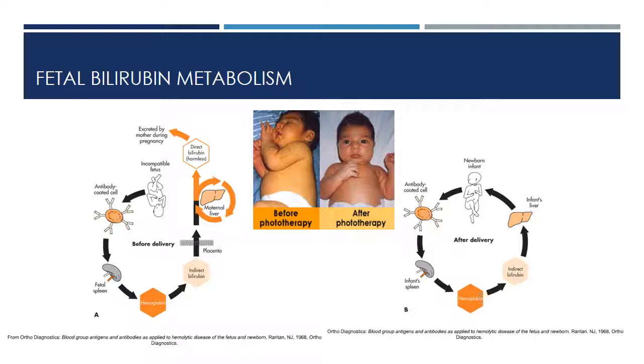They're gold. That's when you go through the nursery, you know exactly who has HDFN. They're gold, okay? And then the infant after phototherapy, because we use UV therapy to break down that bilirubin in the skin and hopefully help the infant to process it quicker by using sunlight to break it down.